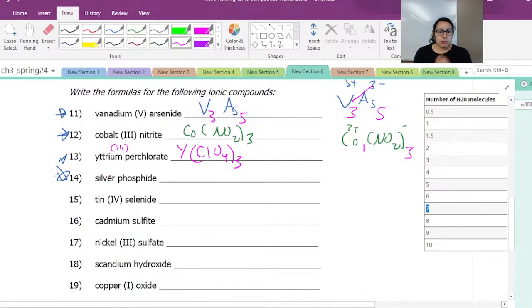And then what do we get for the last one? So AgP, but then let's do a little side work. What's the charge on phosphide?